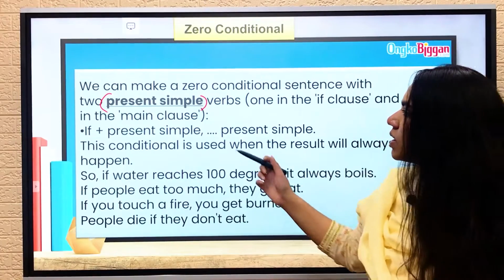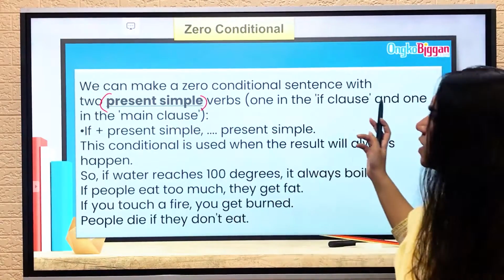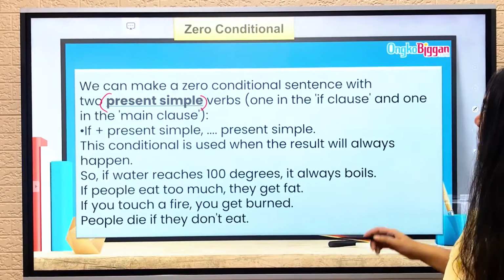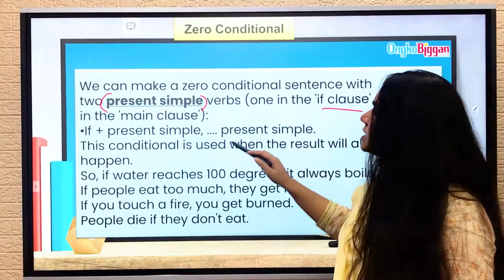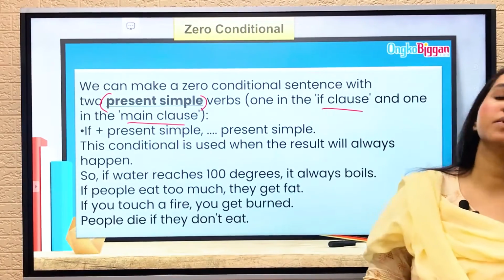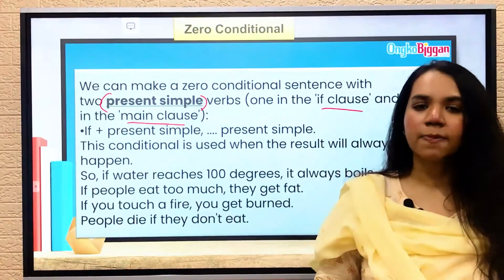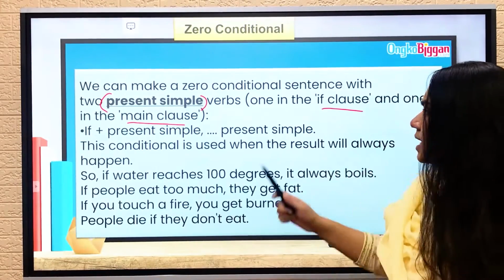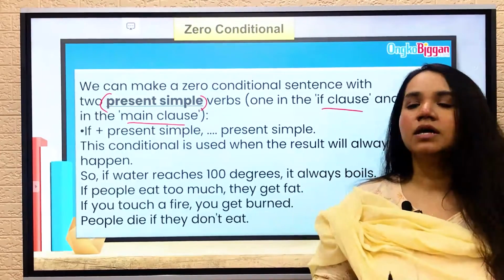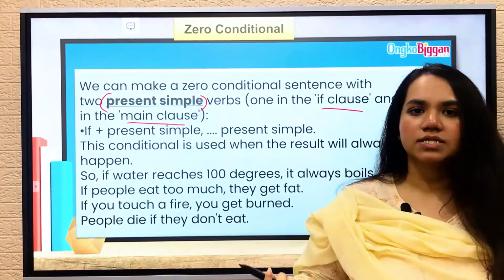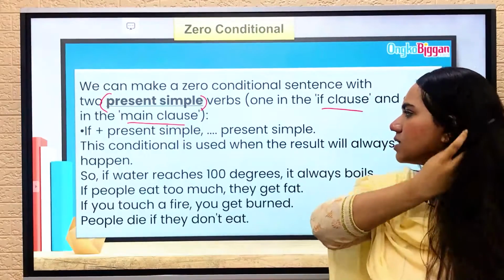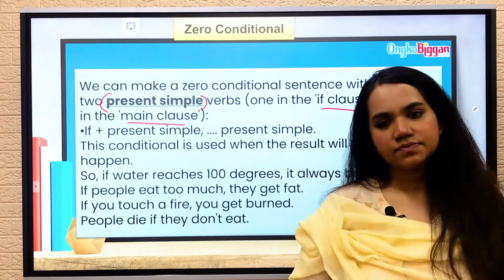So it is important that first of all, we can make a zero conditional sentence with two present simple verbs, one in the if clause and one in the main clause. So what will our sentence contain? Our sentence will contain two different clauses. The first clause that has to contain the conditional is actually the if clause, and the second clause is the main clause, where the conditional will not be present.